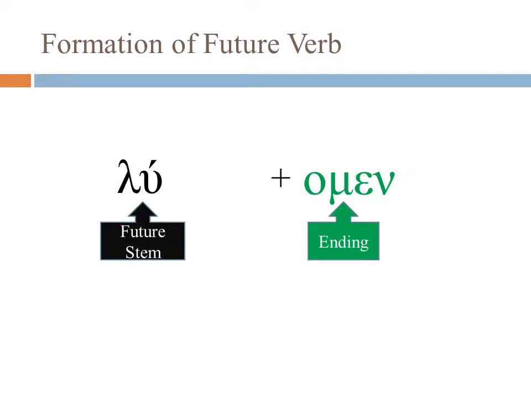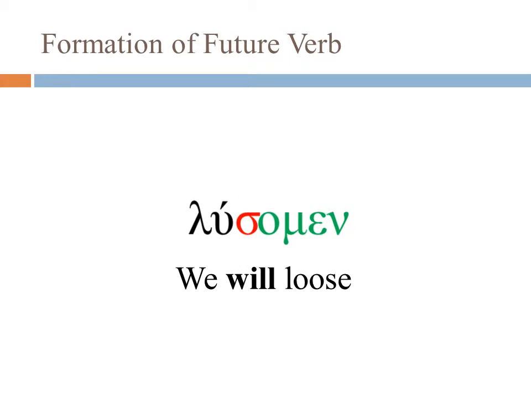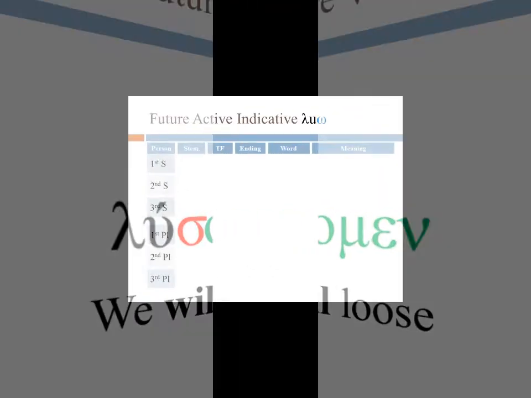In fact, we're adding the identical endings that we added in the present. And the only difference is we are going to add a tense formative, in this case a sigma, that tells us this is the future. If luomen, we would get lusomen, we will loose.